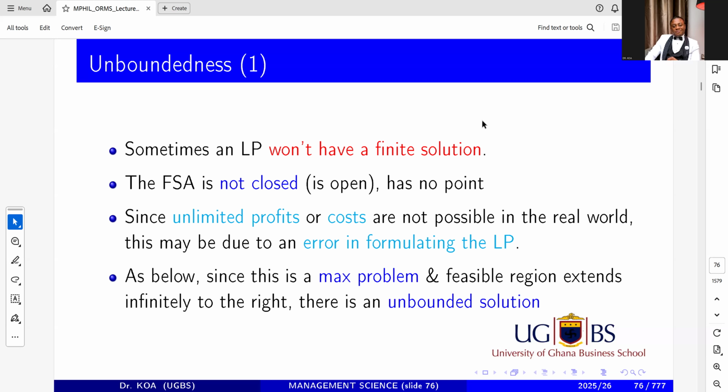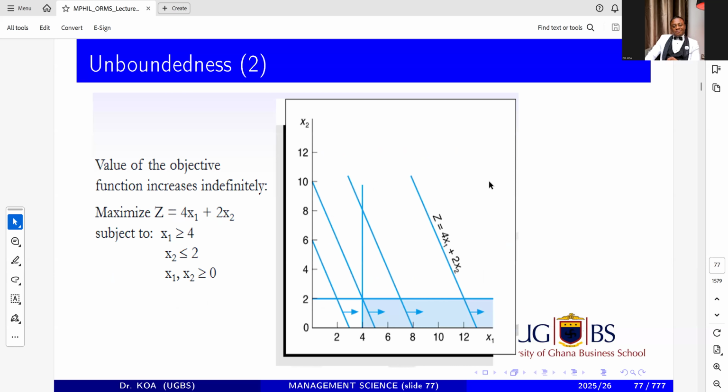Now, in a maximization problem, which is what we are looking at, the feasible solution will stretch infinitely. It will stretch to the right, and that leads to unboundedness. Watch, the word unbounded means there is no bound. It keeps going, it's open. And this is a typical example.